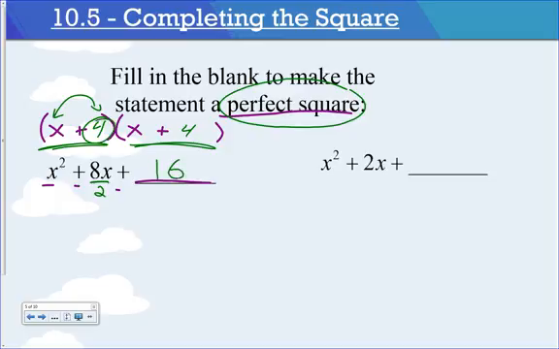So the shortcut for doing this is divide this by 2, which is 1, and then square it. We're going to cut that middle term in half and then square it. And that's all there is to it. Because then, what's left over is factorable, like we just did here.